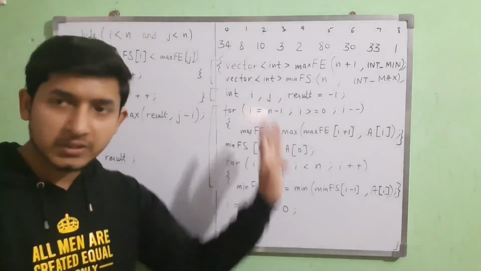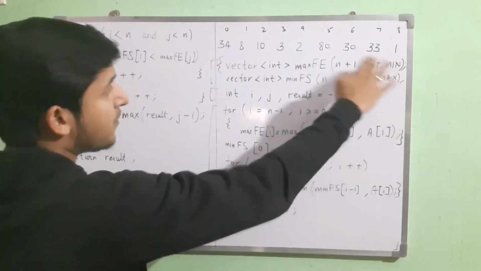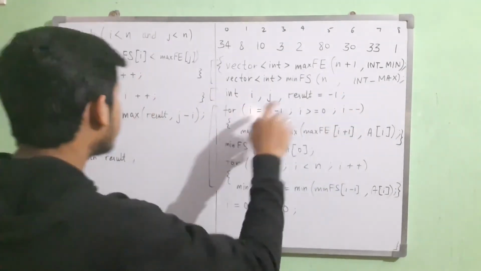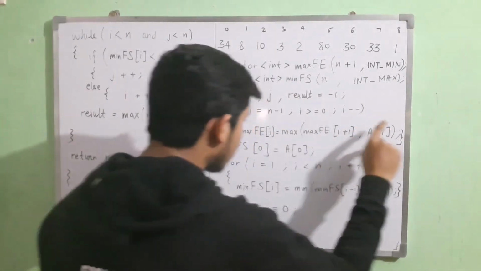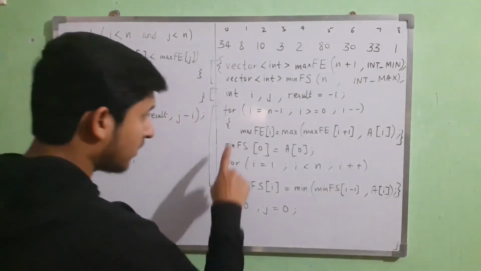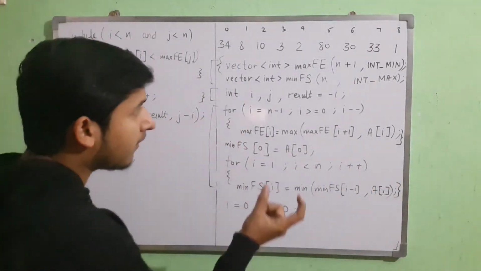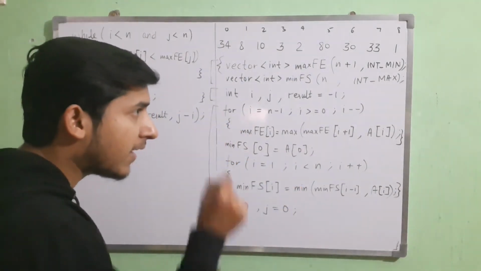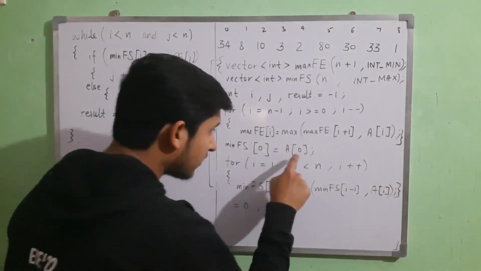So let me go through this again. What we did: created two auxiliary arrays, maximum from end and minimum from starting, and declared some variables that will be useful throughout this program. Then I just filled the auxiliary array that stores maximum from end this way simply, and because min from starting has to be initialized this way, we can't have a negative index, -1 is not a valid index, so I will initialize at index 0 directly.